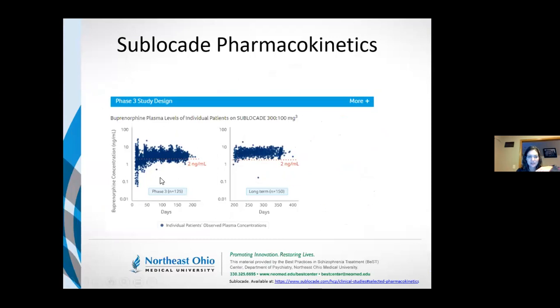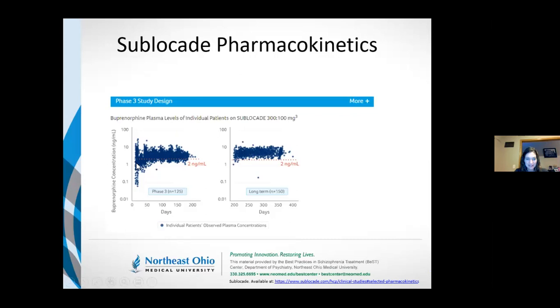I wanted to draw your attention to some of the outliers. So on the y-axis, we have the buprenorphine concentrations, and on the x-axis, we have the number of days that they've been on treatment. So the first one goes to 200 days, and the second one goes to 400 days. So that red line here in the middle, the 2 nanograms per milliliter, that's what they were hoping to essentially achieve, as the minimum concentration to make sure that patients were well controlled.